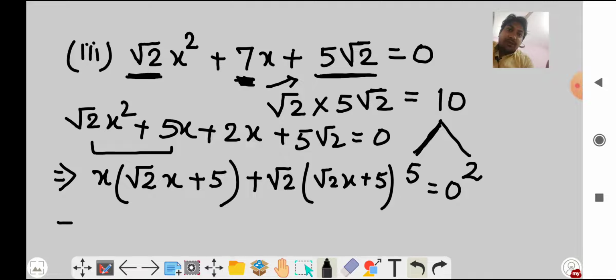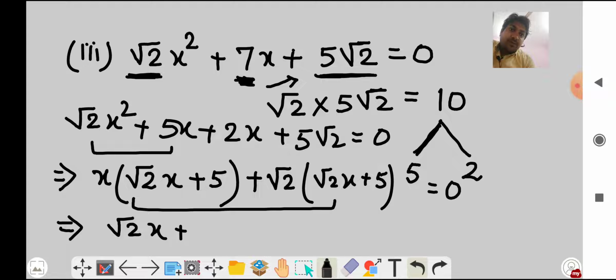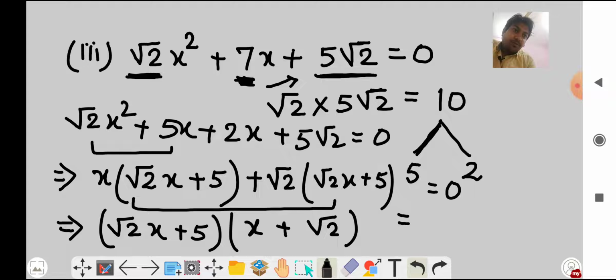Okay. So what is common to these two terms? I think it is, see here. So root 2x plus 5 is common. In the first term it will remain x. From the second term it will remain root 2 and that will give 0. Is it clear, guys? Means what?